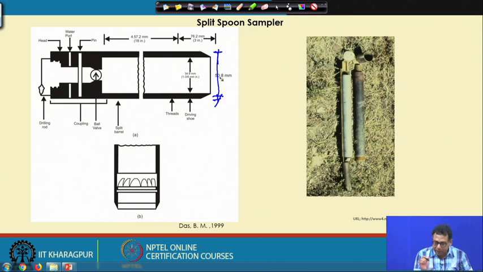So, this is 50.8 and this is 35 millimeter. This total is the coupling, where the drilling rod is attached with this head. There is a water port and a one-way valve attached here, and there is a pin. So, this is the total assembly of the split spoon sampler, and this is the figure.